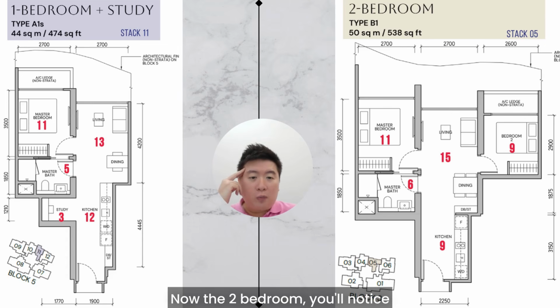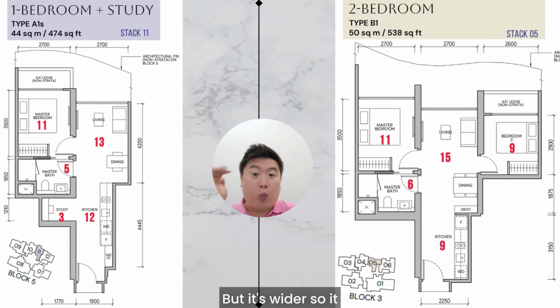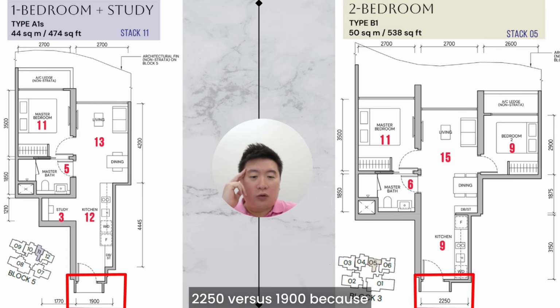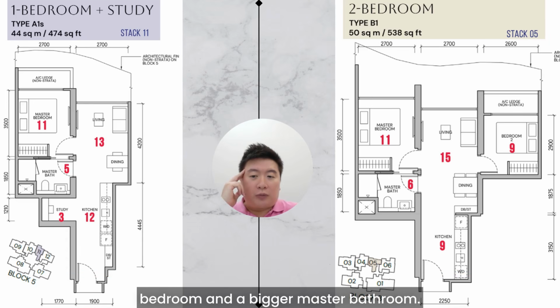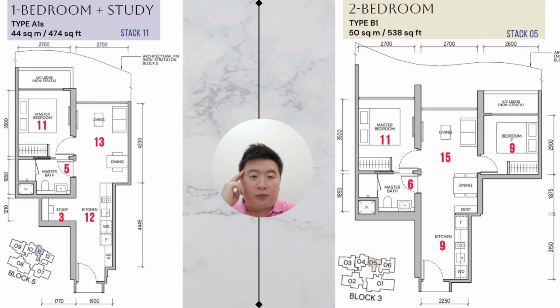Now the 2 bedroom, you notice that the actual living space, the kitchen plus the living room space, is actually smaller than the 1+ study, but it's wider, so it feels slightly better. At least this portion here is wider. 2250 versus 1900. Those are the measurements at the bottom. But in return, you get an extra bedroom and a bigger master bathroom.